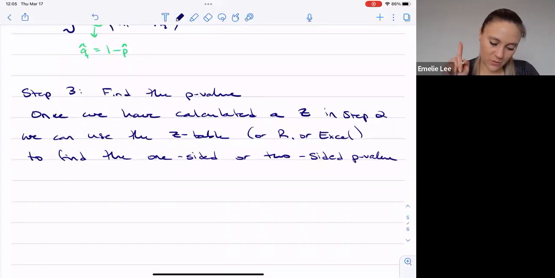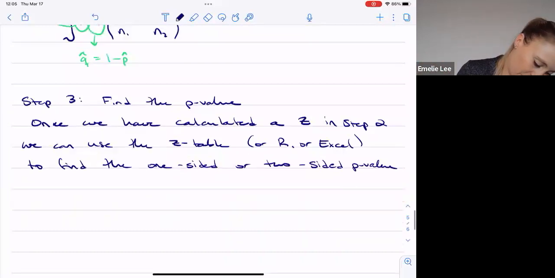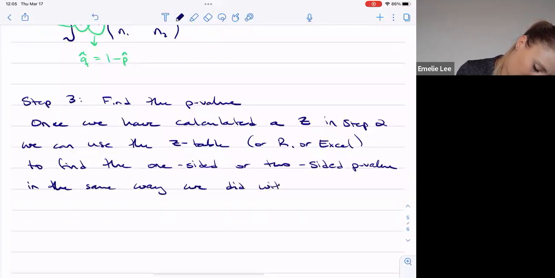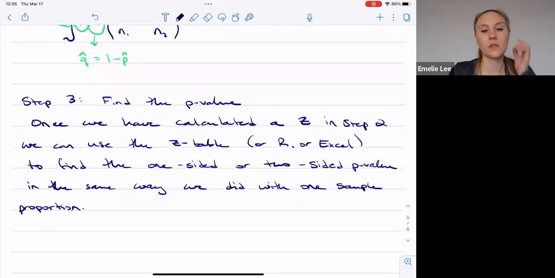Let me read this. Once we have calculated a z in step 2, we can use the z-table to find the one-sided or the two-sided p-value in the same way that we did in one sample proportion. Right?